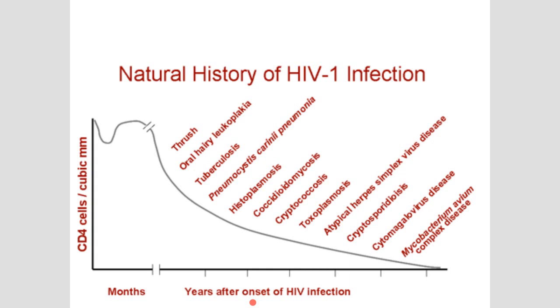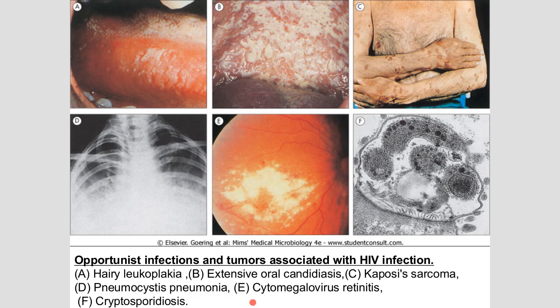But it may take years. It may take years, right? So one of the objectives of the management of an HIV patient is that we delay that happening, and we want to increase the quality of life of the patient.